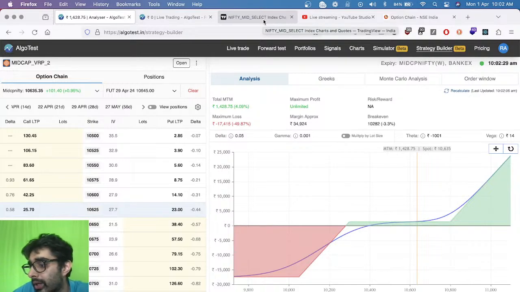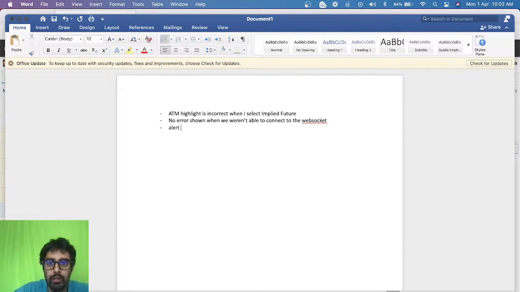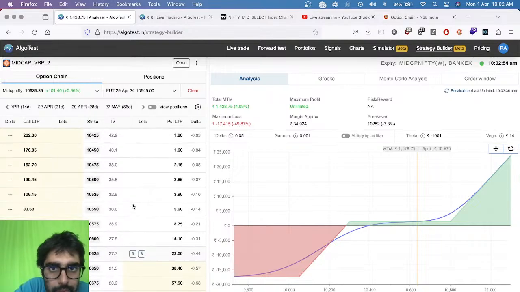So I'm going to get on with those things. Specifically, I'm going to ask these guys to work on these bugs, figure out what went wrong. I should also have an alert when an order has traded via pop-up or something. So let's get these done for tomorrow.